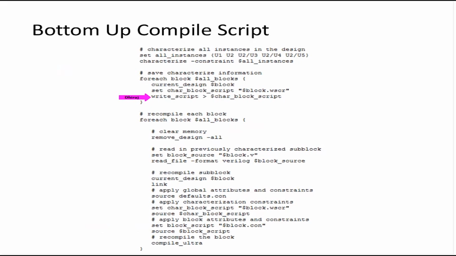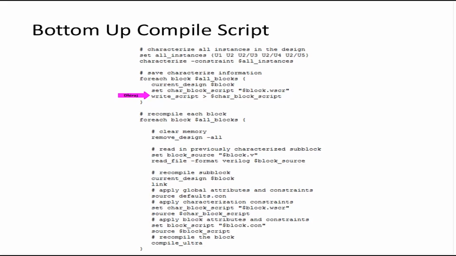This write script will only work after characterize has been done, and characterize may take some time. We are telling DC to characterize all these instances. That means find out what the constraints are for each of these instances. What are the environment conditions for each of these instances? DC will do that, and then for each of the blocks we write out the script.